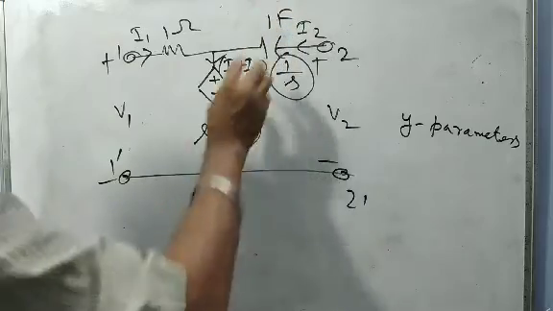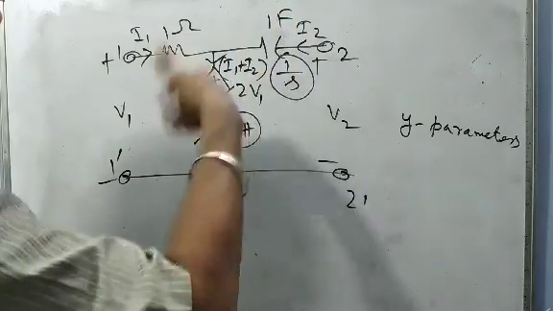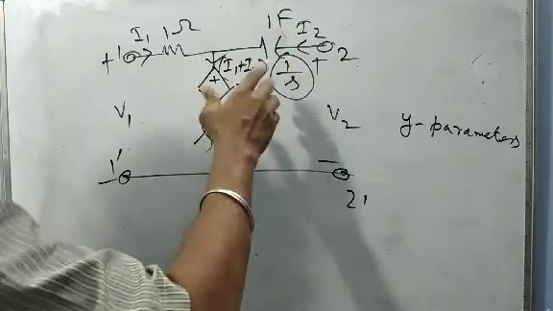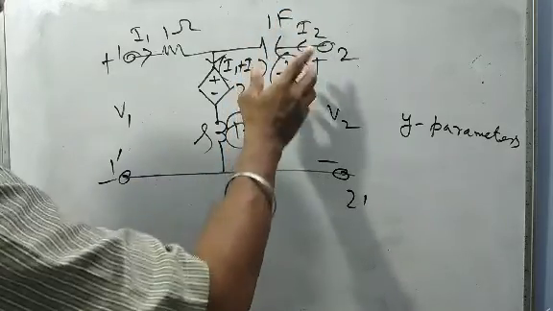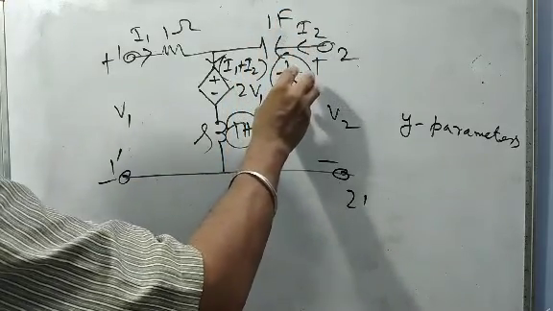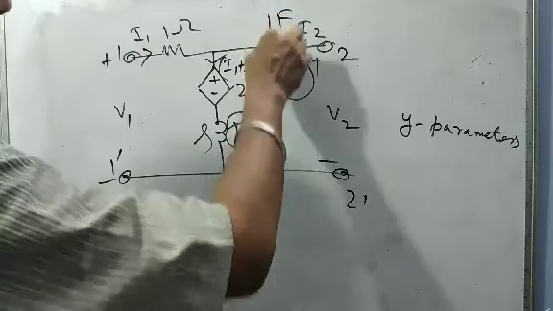And a capacitor is there, an inductor is there, and we have covered from the time domain to the S domain. Capacitor 1F can be written in the S domain, meaning frequency domain, as 1 by Cs.